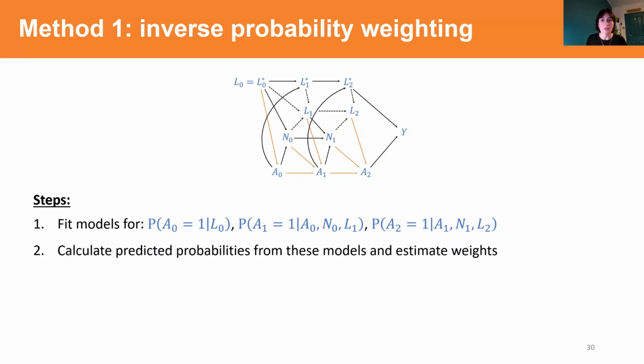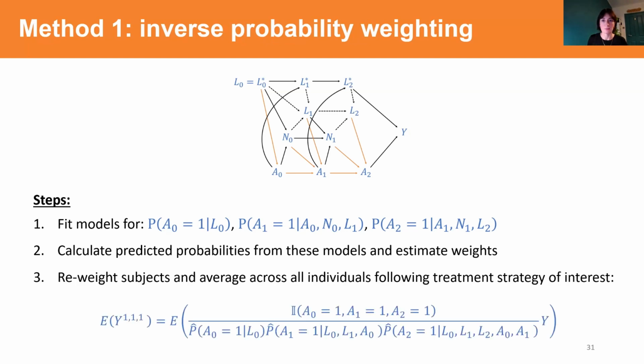Then for each subject, we calculate the predicted probabilities based on their actual treatment assignment at each time t, i.e. the probability that A equals 1 in subjects who actually received the treatment at that time point, and the probability that A equals 0 in subjects who did not receive the treatment at that time point. We multiply these together and take the inverse to estimate the weights for each subject.